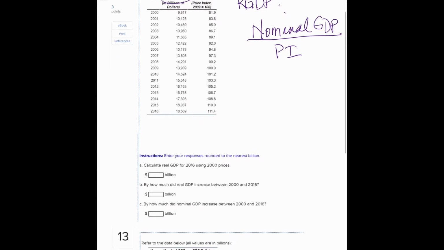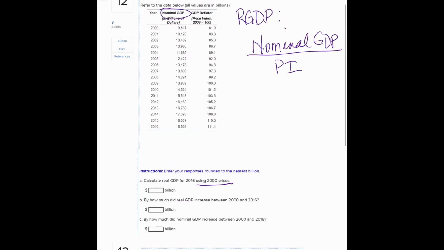So A on this one then says calculate real GDP for 2016. However, this time they tell us that we're going to use 2000 prices to do so. So in this case, we're going to adjust this formula a little bit. It's going to be the nominal GDP for the year, the target year we call this, in this case for 2016.